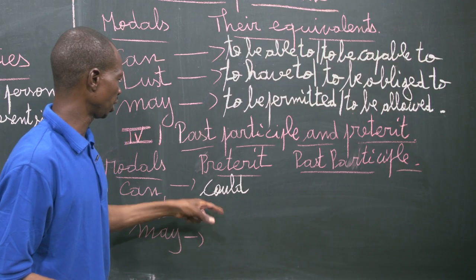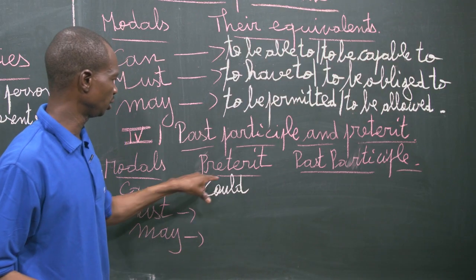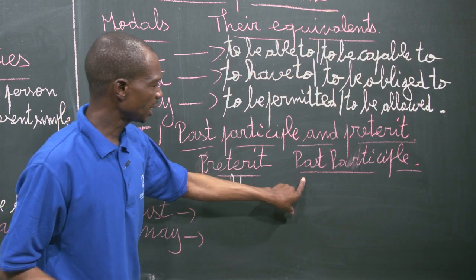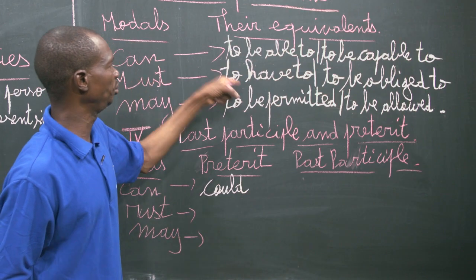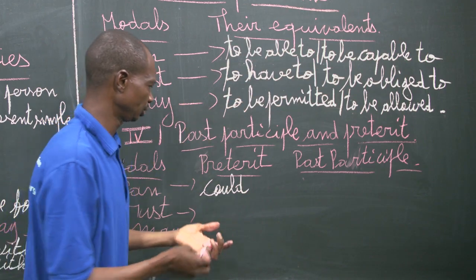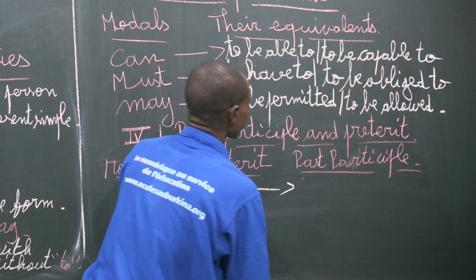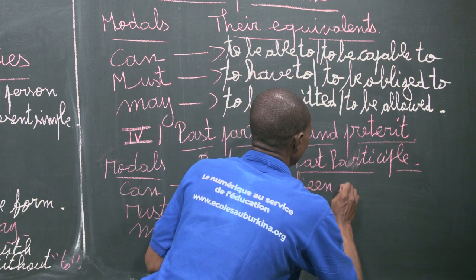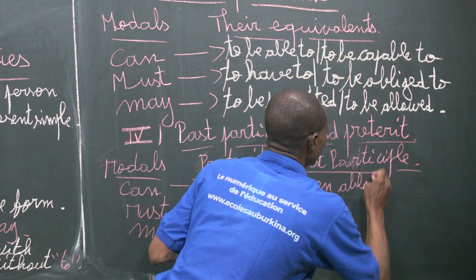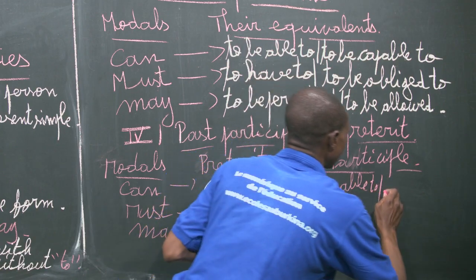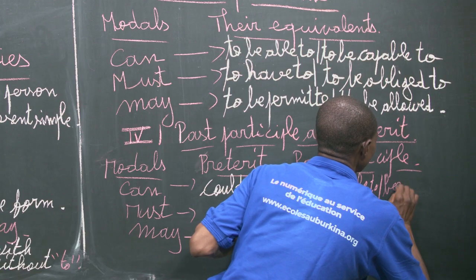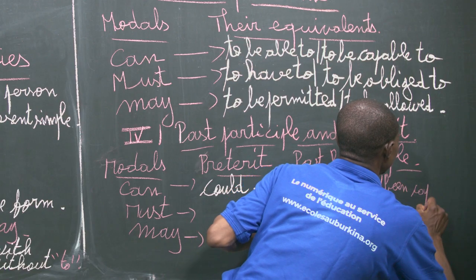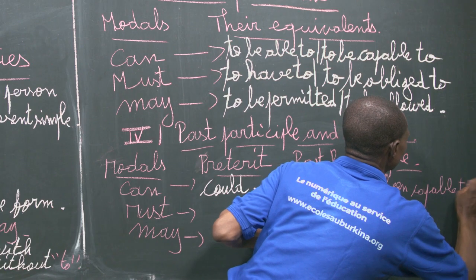But in one word, the preterite of can is could, and the past participle is been able to or been capable to.